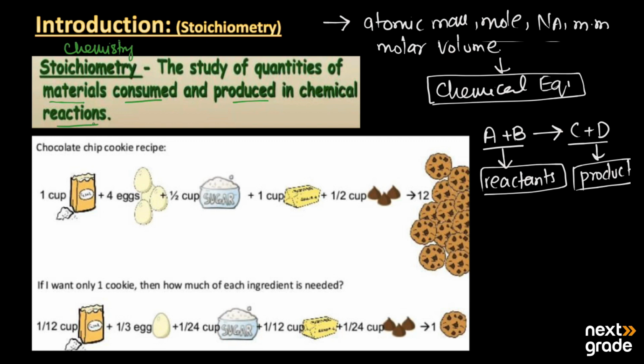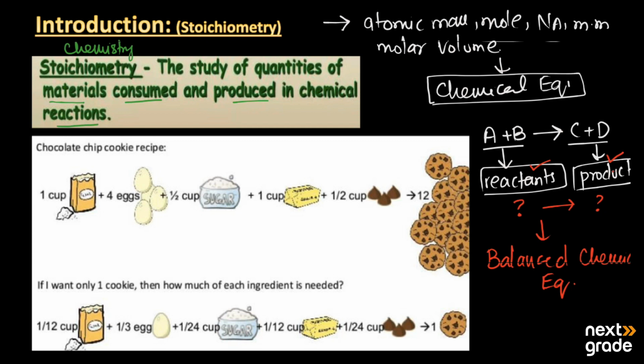It tells us about the quantitative relation between reactants and products, that is, how much of the reactants combine and what amount of products is produced from them. And we find it from a balanced chemical equation. A balanced chemical equation is an equation in which the reactants are completely converted into the products.